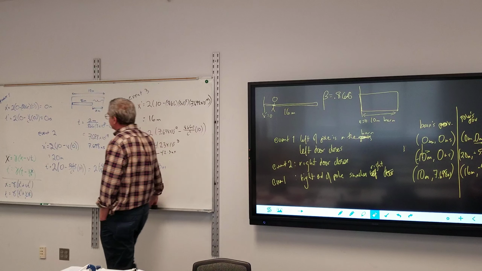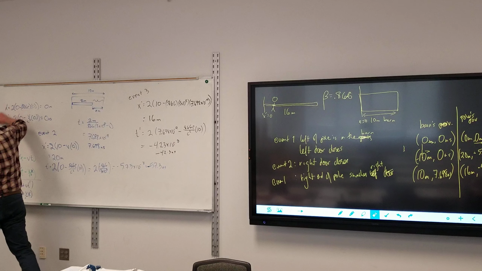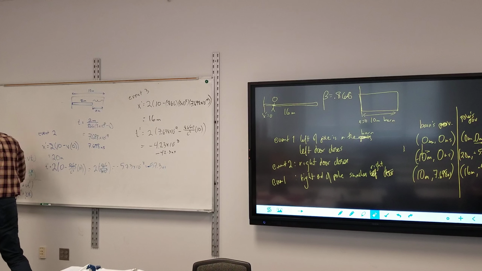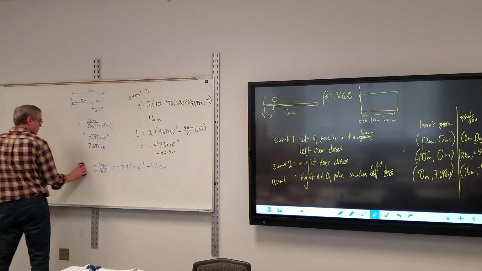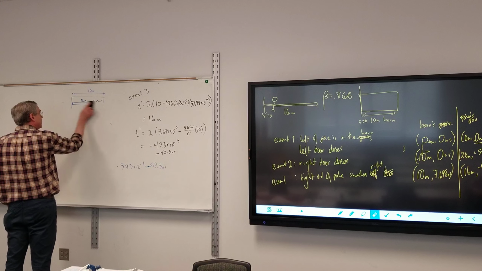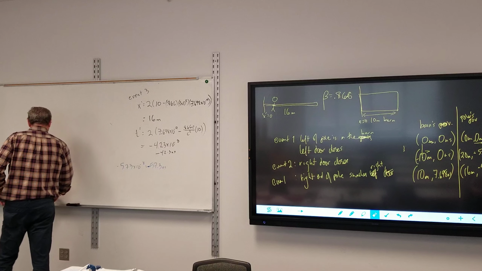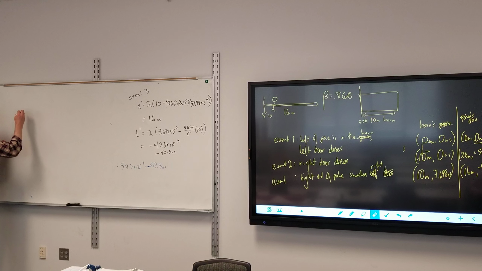In other words, let's start out with the car and the person on the side of the road. So the velocity of the car with respect to the Earth is, we'll just say 30 meters per second.